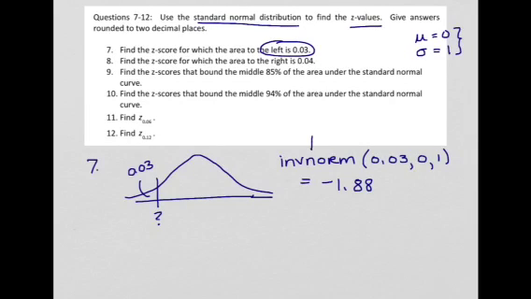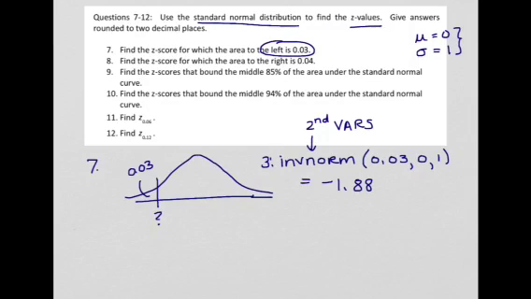To get to inverse norm on your calculator, you press second and vars, and it'll be number 3 on that list. So that's how you do number 7.